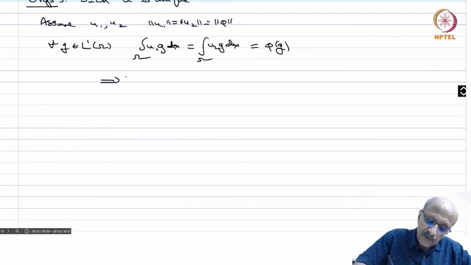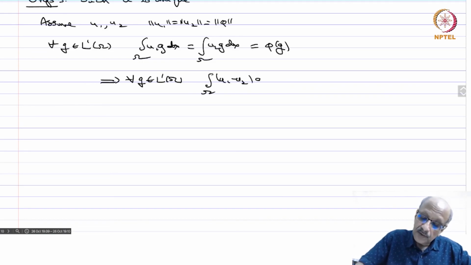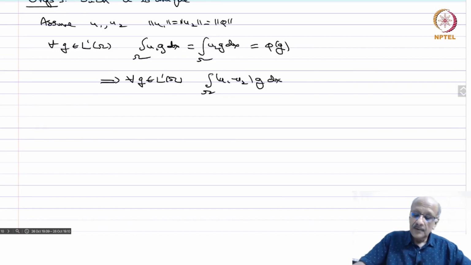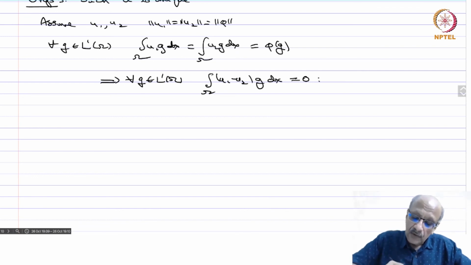So this implies for all g in L1 of Omega, you have integral on Omega of (u1 minus u2) g dx equal to 0.